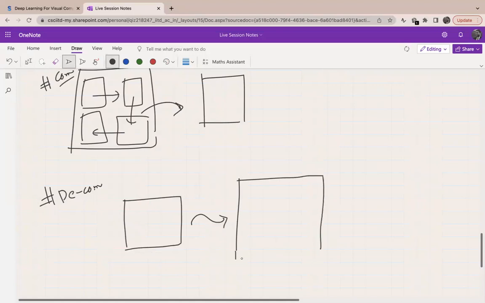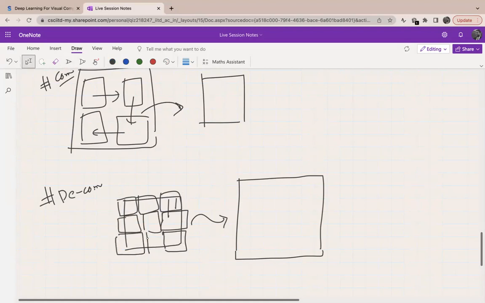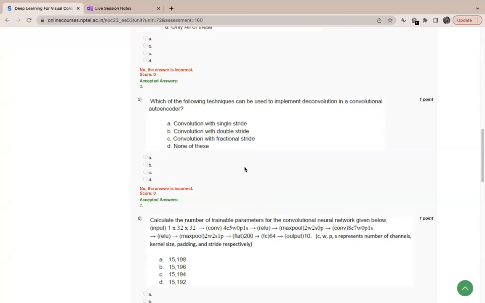So we traverse fractionally along the image and cover things that are not there under this, and we get a bigger image out of it.